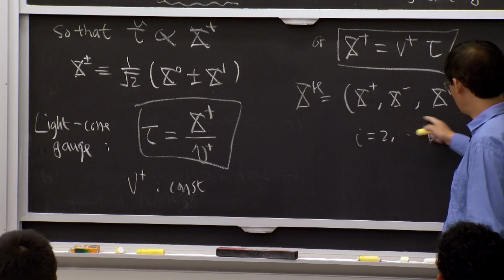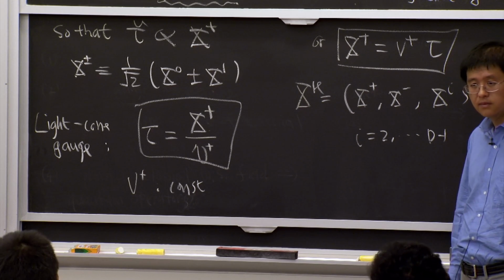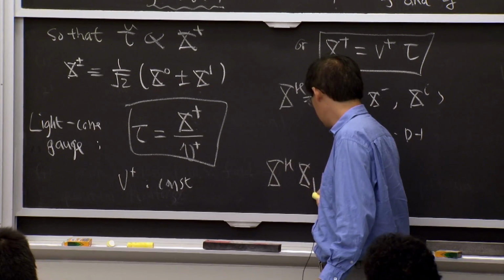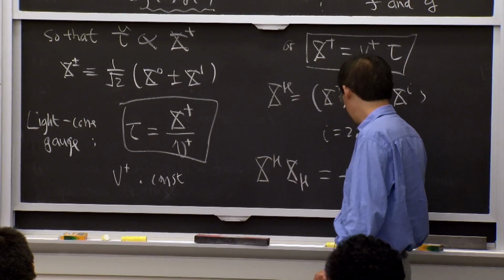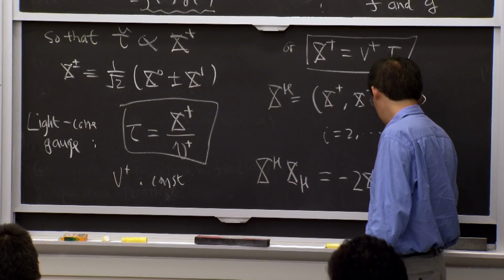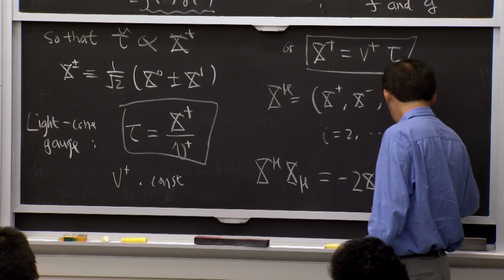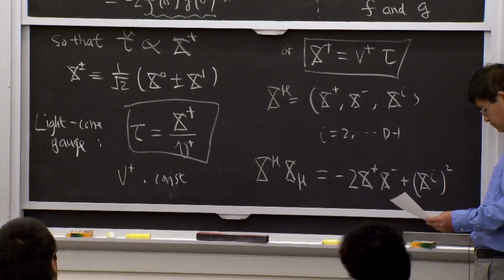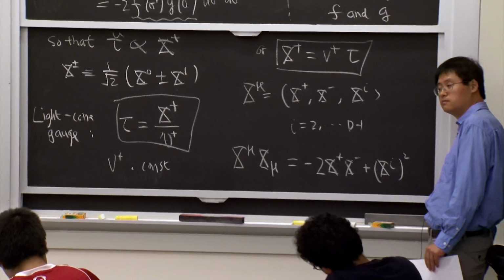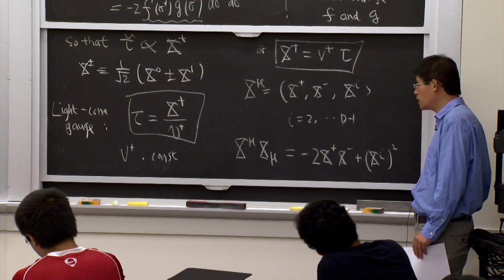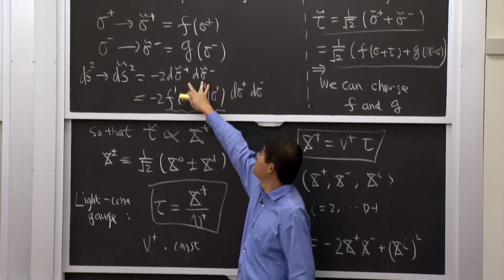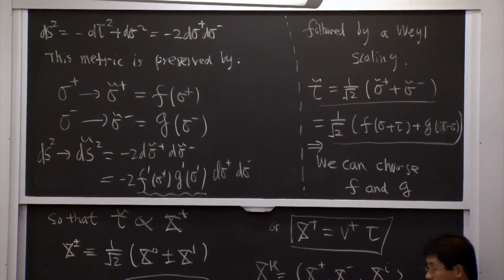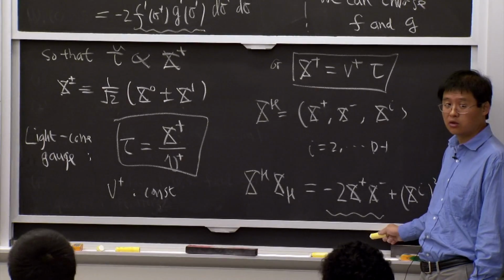Then you can easily check yourself, or you maybe already know, that this particular contraction is given by 2 x plus x minus plus x i squared. In particular, you notice, just as here, this contraction has this off-diagonal structure in x plus and x minus. And this turned out to be key.